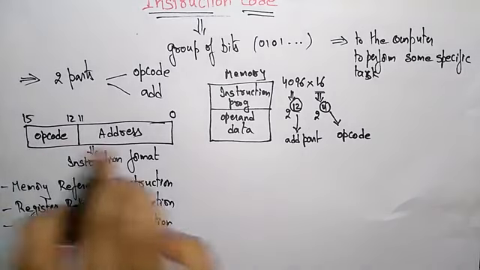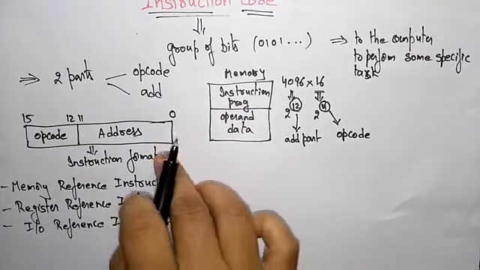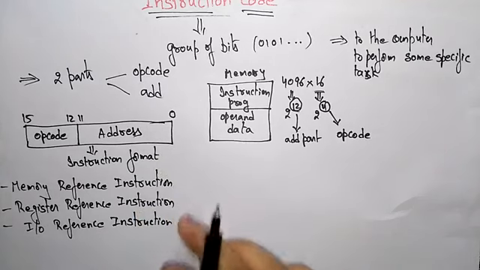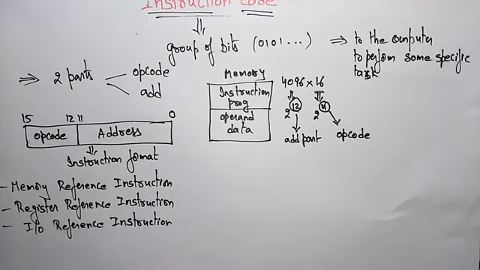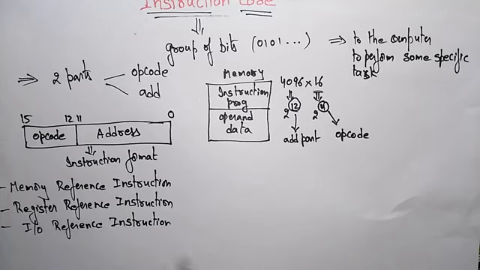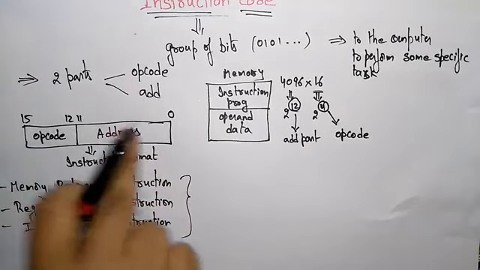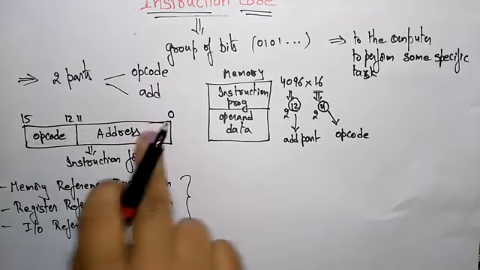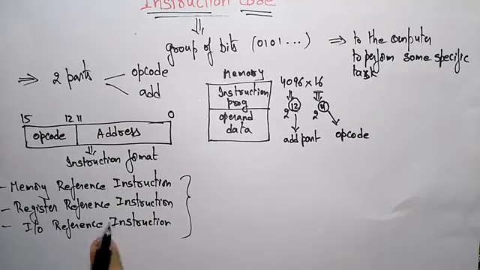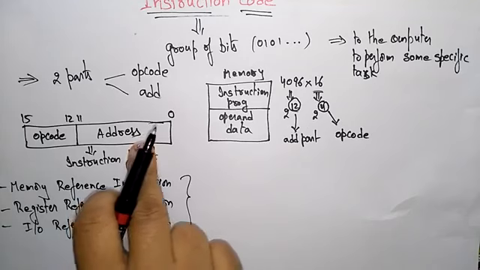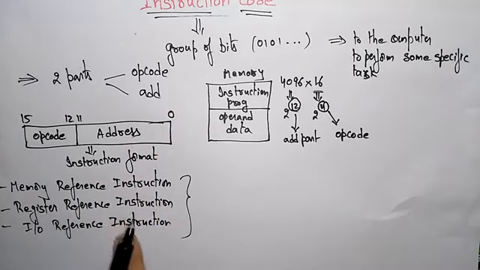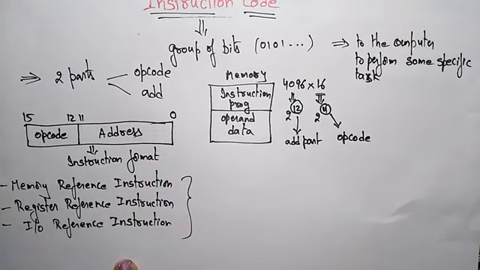So the instruction we get may be from memory, or from a register, or it is of IO. Based on this, the processor will understand what type of instruction it is getting, whether it is from memory reference, register reference, or IO reference.